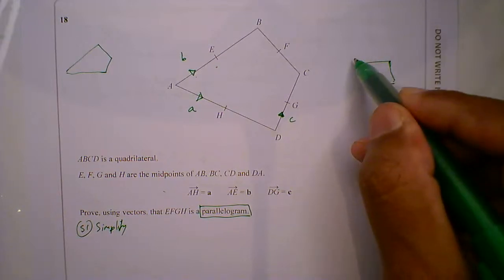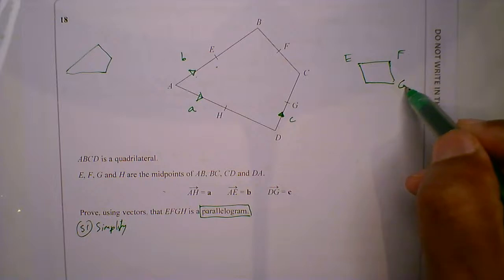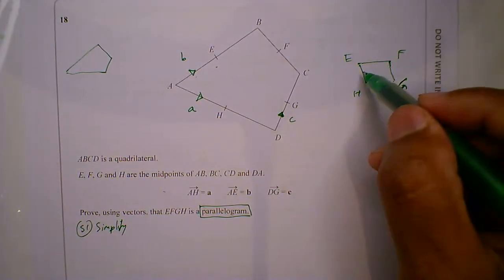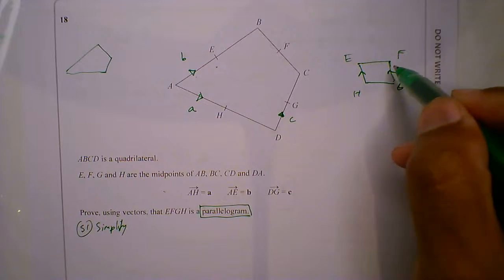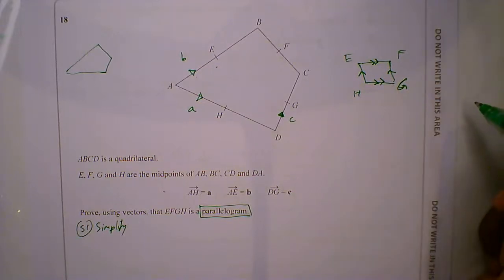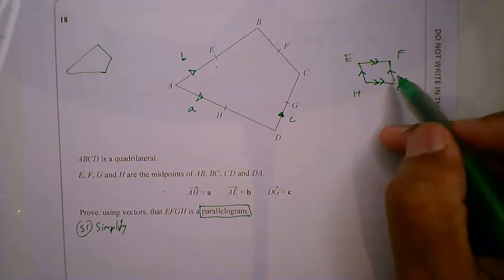It's just a sketch. Now, what does a parallelogram mean? We've got parallel sides, two pairs of parallel sides, so I need to somehow show that I've got these parallel sides.